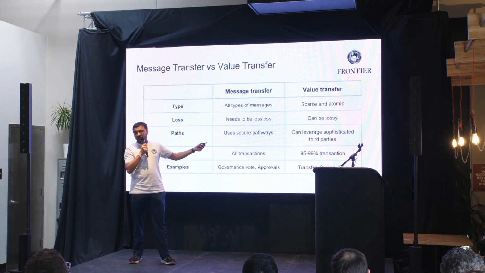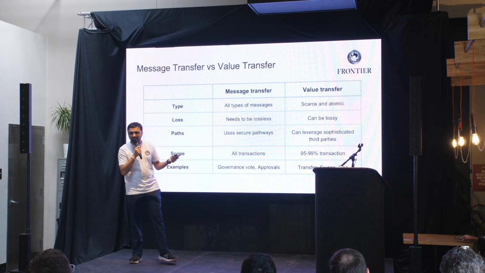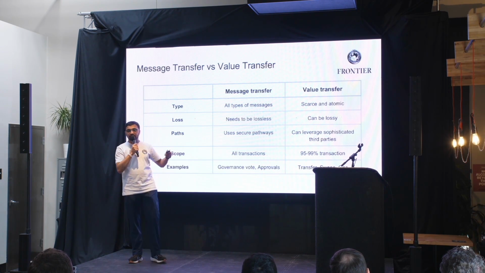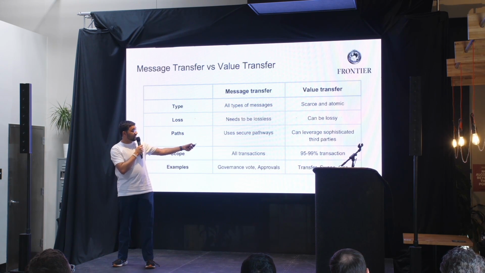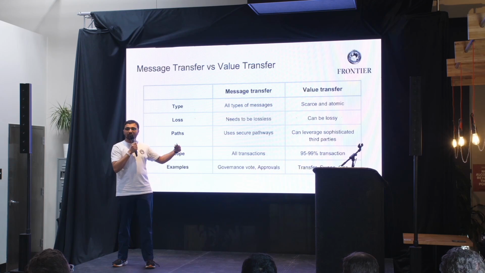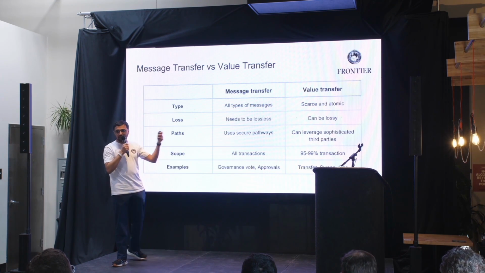And it can be lossy. You can bring in third parties and say, if I'm sending $100, I am willing to take a loss of $1 and just receive 99 on the other end. And so you can bring in these sophisticated third parties which give you a better UX. 95 to 99% of transactions today on blockchains are value transfers. They're transfers, swaps, payment for gas. All these are types of value transfers.